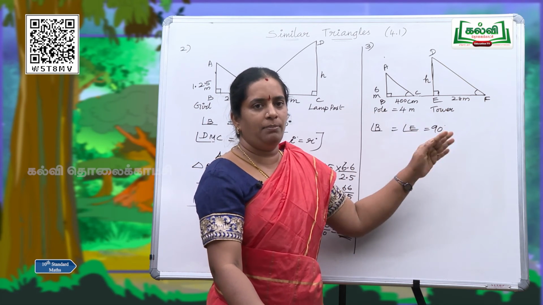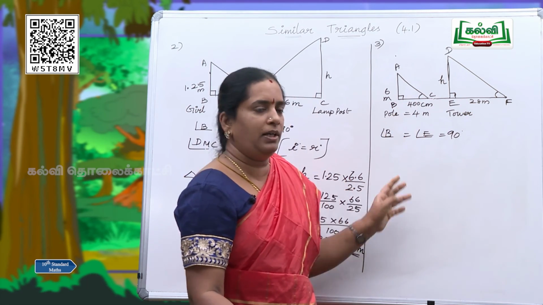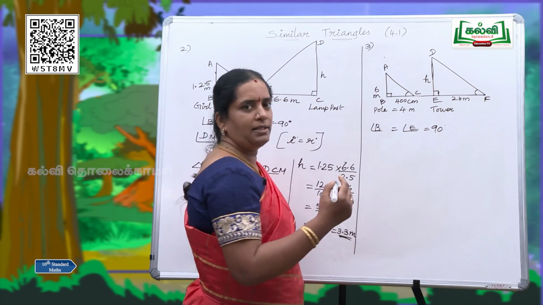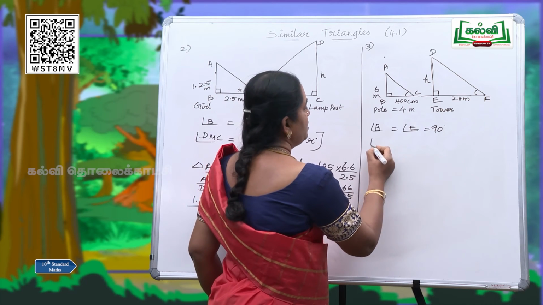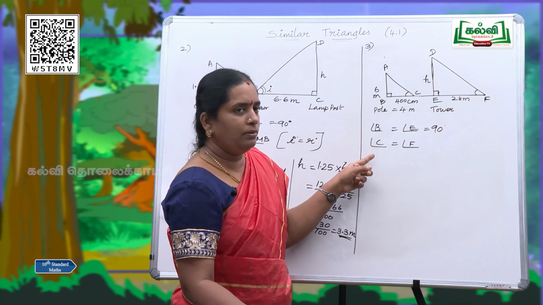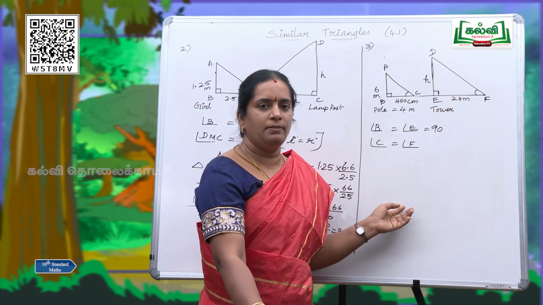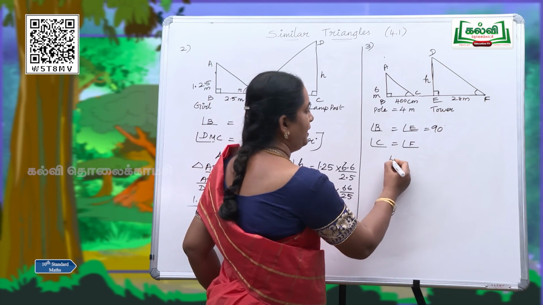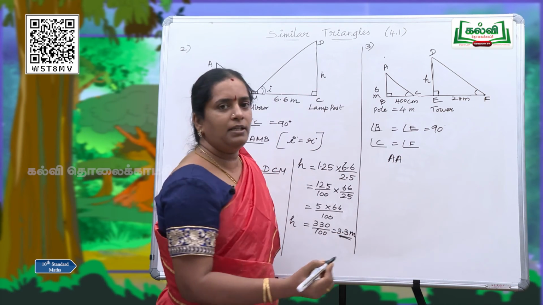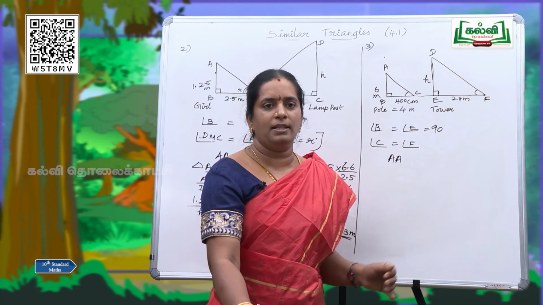So angles C and F are equal since they are the angles of inclination of the sunlight. So angle C is equal to angle F. So you have two pairs of equal angles, which means we are going to use which criteria? AA criteria. From this AA criterion we will say that these two triangles are similar.